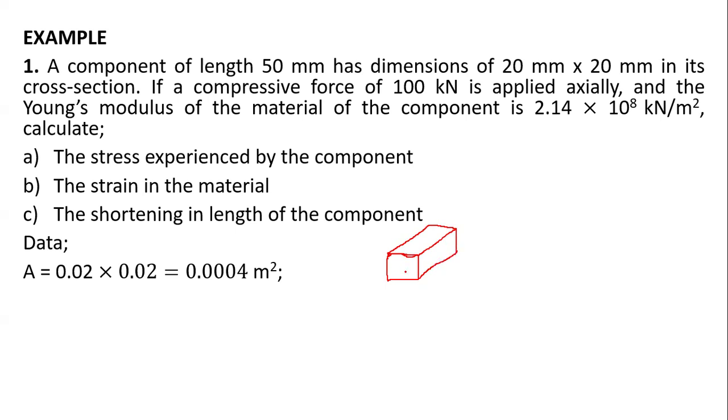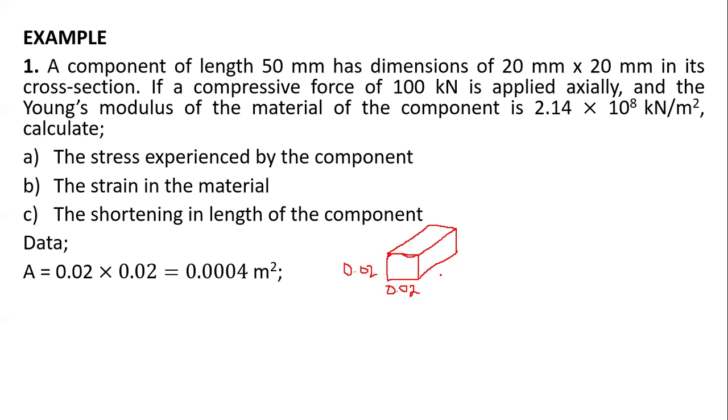Here it's not just rectangular, but basically a square, because what you have below here is how wide your material is. It's 0.02 meters. The thickness of the material is also the same, 0.02. What about the length?